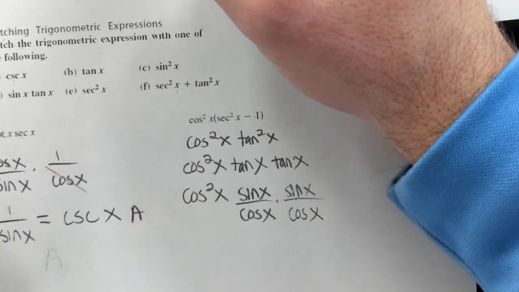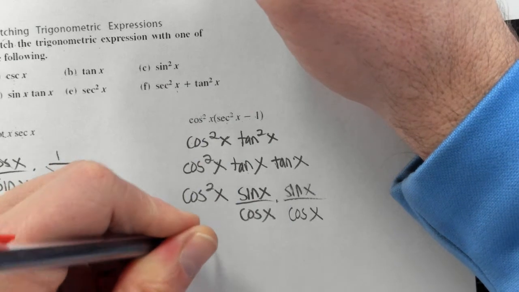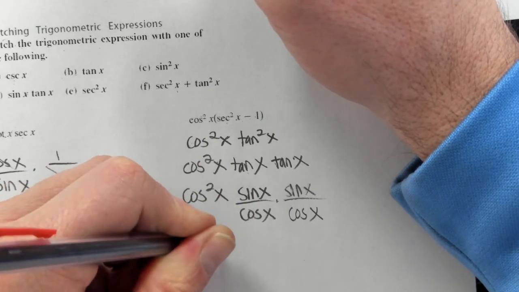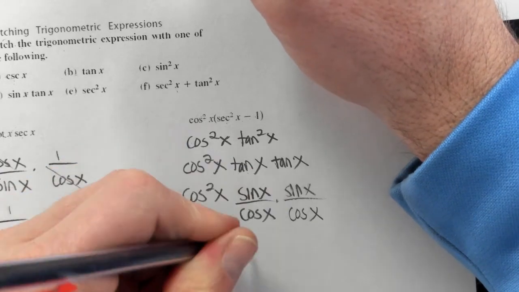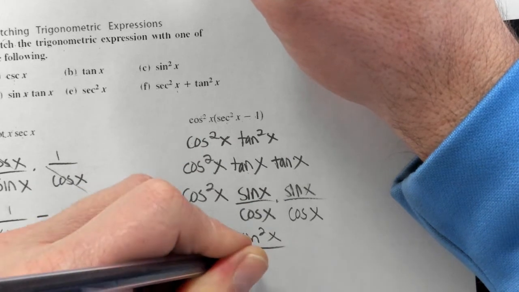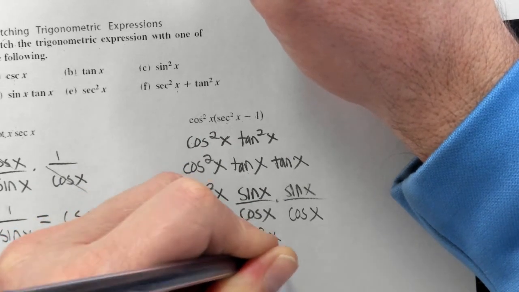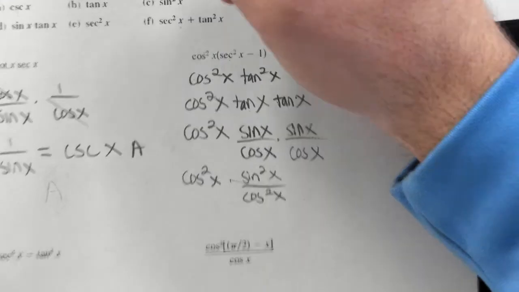All right. So now what does that become? Cosine squared of x times sine x times sine x is sine squared of x over cosine squared of x, when I multiply those together.